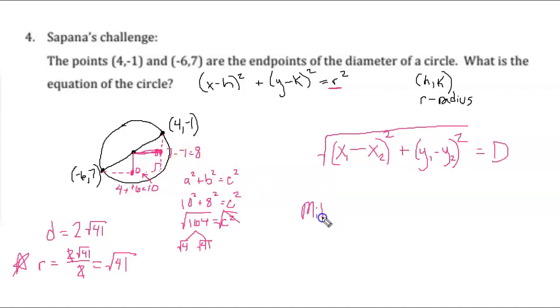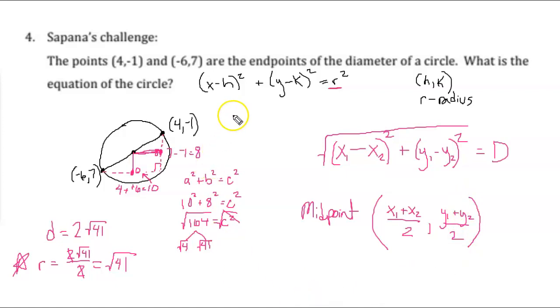So our midpoint formula, again, if you don't remember the formula, just remember it's always the middle, so it's always the average. If you take your two x values and find their average, that's going to be the x value of your midpoint. If you take your two y values and find the average, that's going to be the y value of your midpoint.